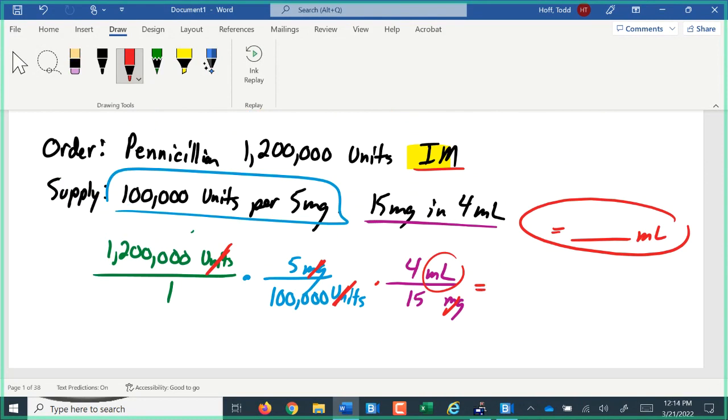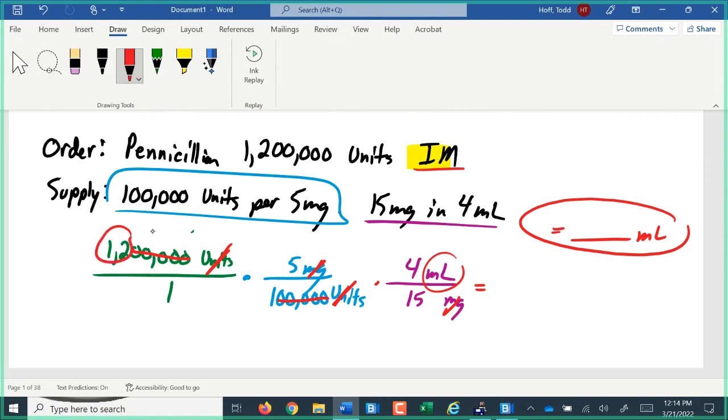Because of the large amount of zeros here, I am going to do a little bit of cross canceling. Typically, I only recommend you cross cancel zeros. The rest we can divide out later. I've got 1, 2, 3, 4, 5 zeros here and 5 zeros here that I'm going to cancel out. So I'm dividing each of them by 100,000.